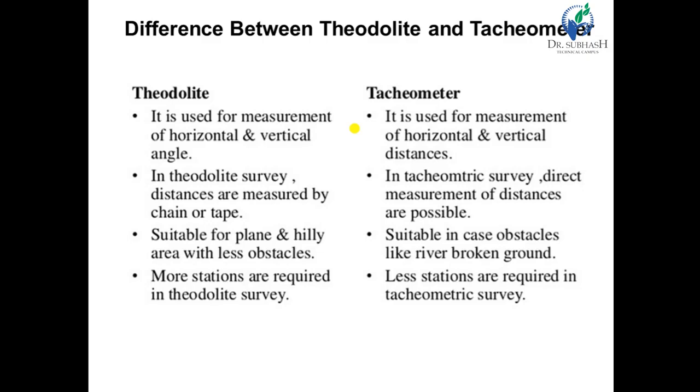More stations are required in theodolite survey, but in the case of tachyometer, we do not have to take traverse readings or different types of angular readings. We only want to get the distance and elevation, so the stations are fewer.